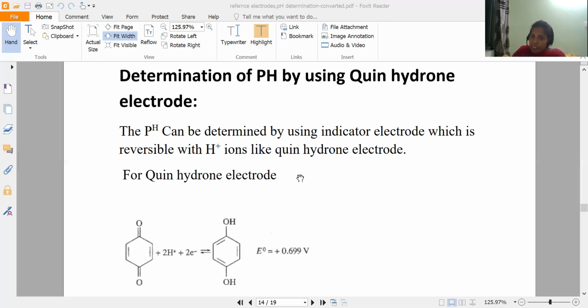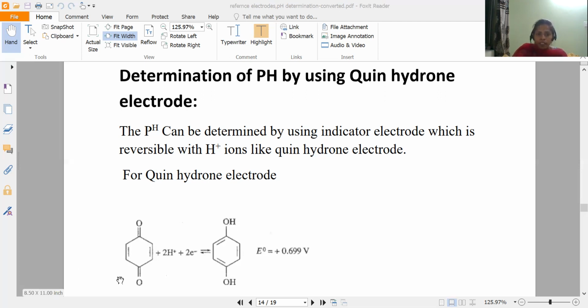And it is always reversible with acid, with H+, because the Quinhydrone electrode is applicable only in the presence of acid. It is not applicable in neutral or basic medium, because the quinone-hydroquinone conversions are possible only in the presence of acid. So Quinhydrone is always reversible with H+ ions.